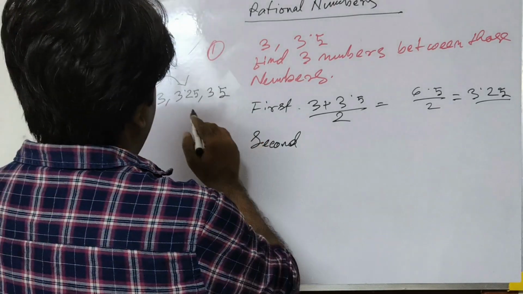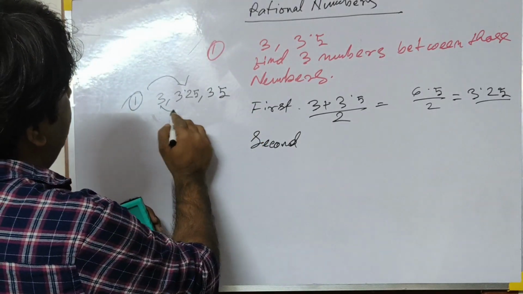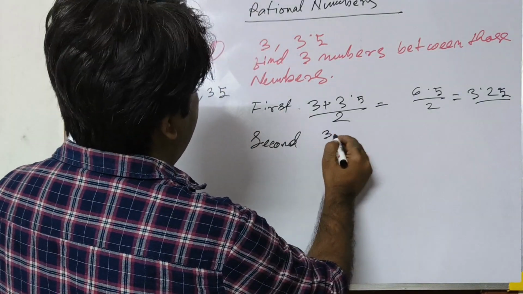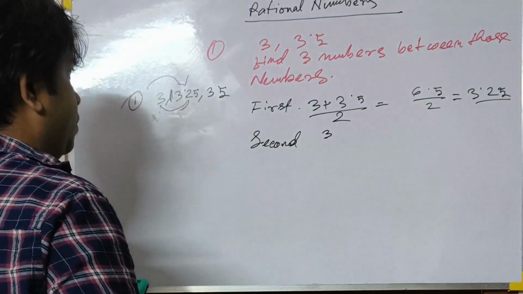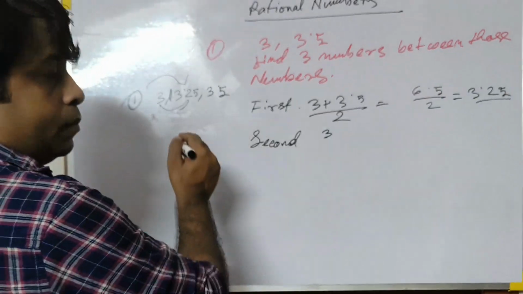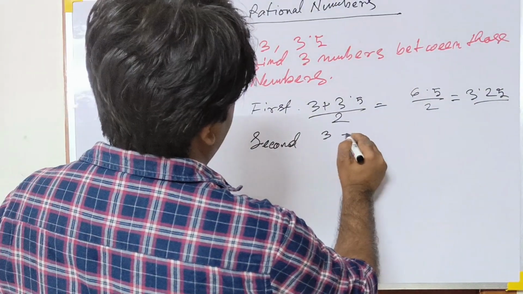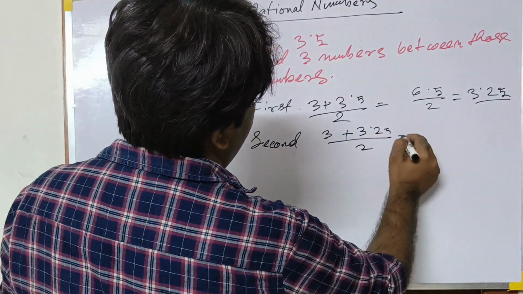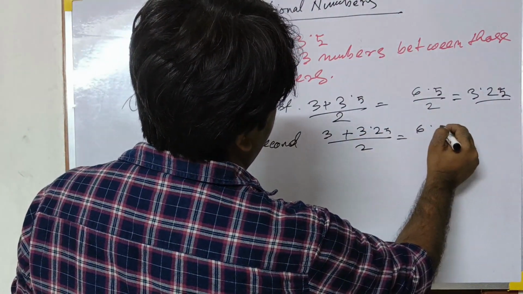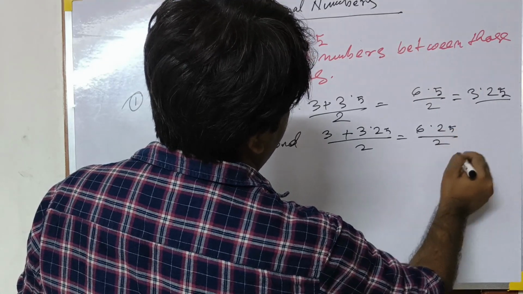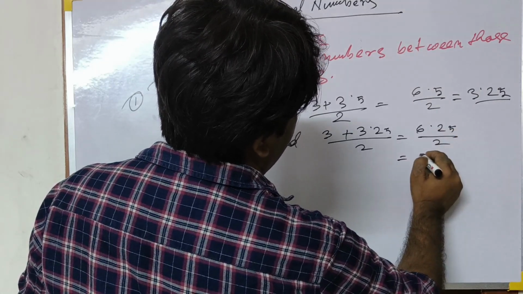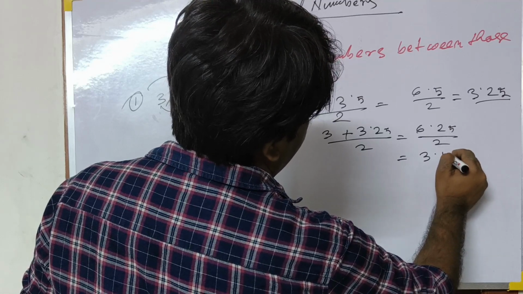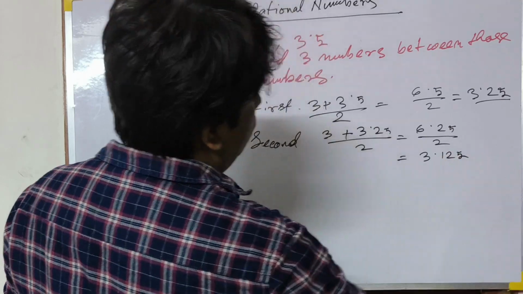Now the second one. Now we will find the middle number. So what will we do? 3 plus 3.25 by 2. So that one is 6.25 by 2, which can be written as 3.125.